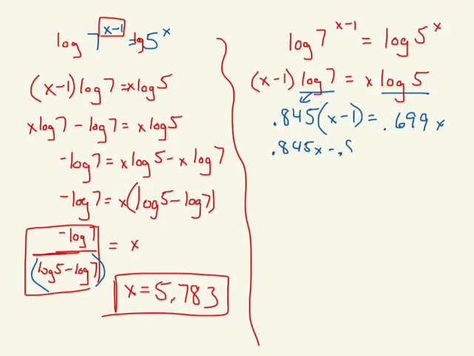0.845x minus 0.845 equals 0.699x. And we can easily subtract 0.845x from both sides.